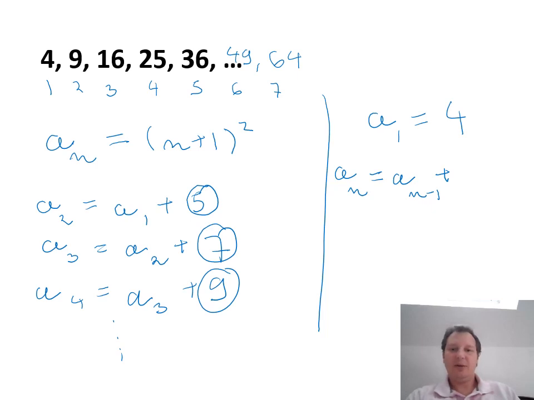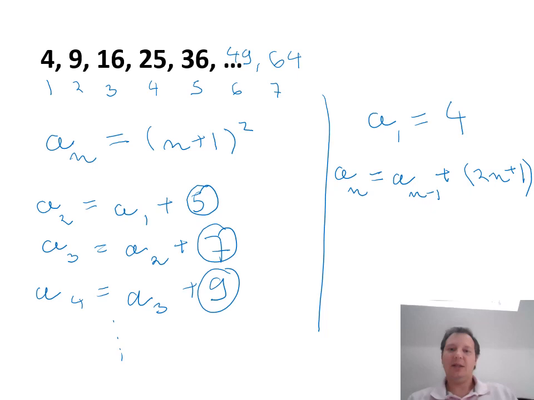So plus 2n plus 1. This is our recursive definition.